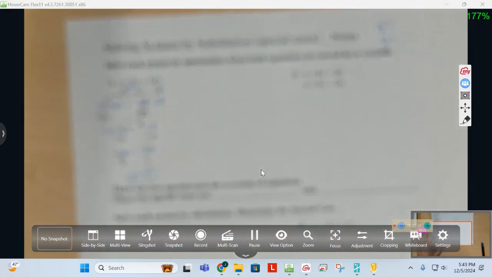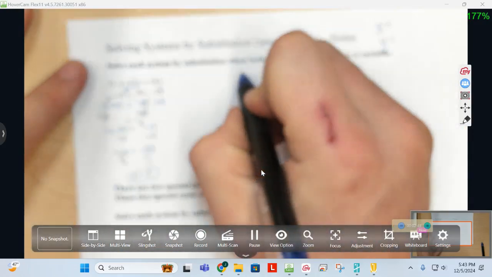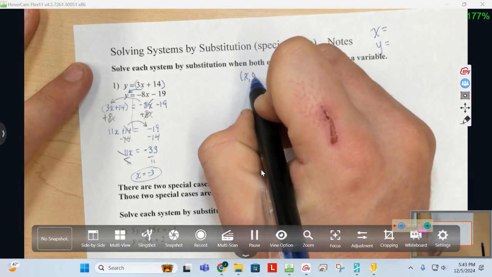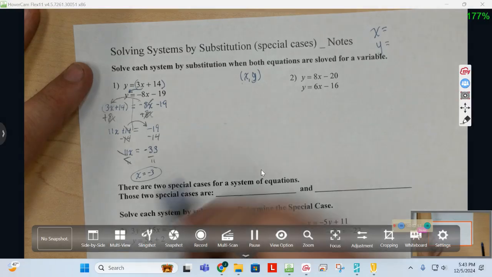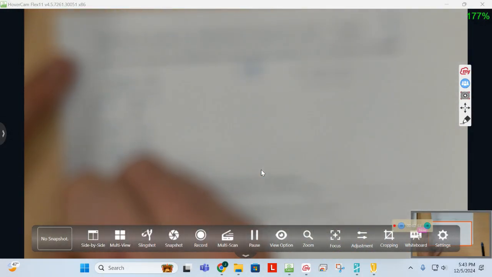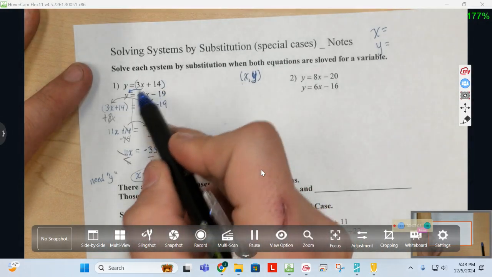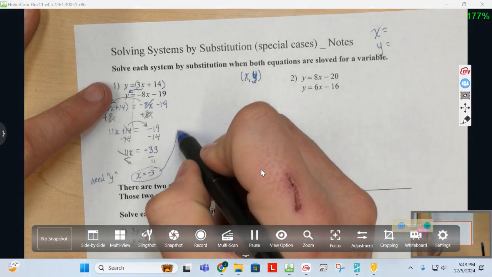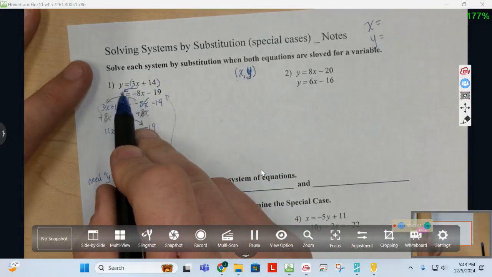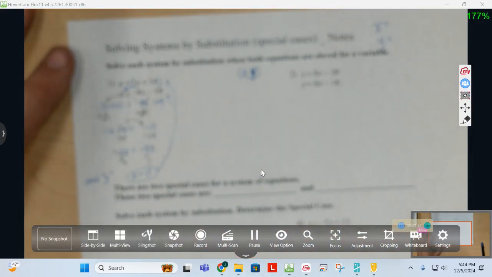Okay? But we still don't have all the terms. Remember, the solution to a system is an x comma y. So we still need that y variable. Normally we just substitute that x back into the y equation, and because both of them are y equations, I can substitute into the top equation or the bottom equation.